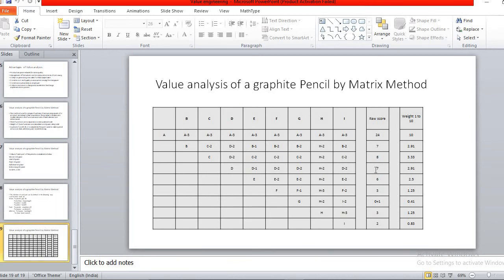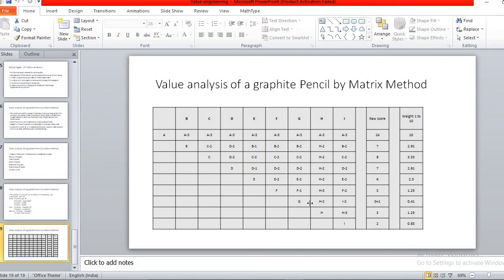For E similarly, for F, for G, for H, and for I. Now correlation of I with respect to I, weight is given as a 2. Correlation of H with respect to I, weight is given to H on the scale 1 to 3, it is a 3.